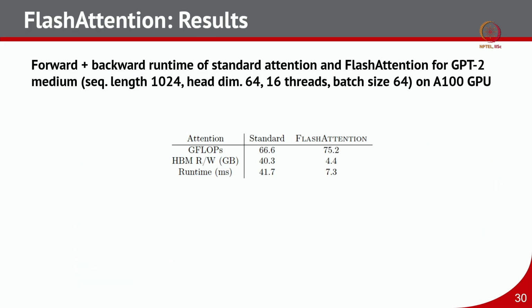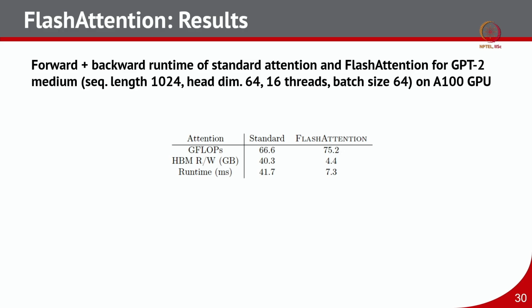Now, let us see some results of FlashAttention. If you remember, in the last lecture I told you that whenever we have an optimization of this kind, we need to show that the accuracy is preserved, and then we also need to show that there is good improvement in terms of latency, memory, and computation efficiency.